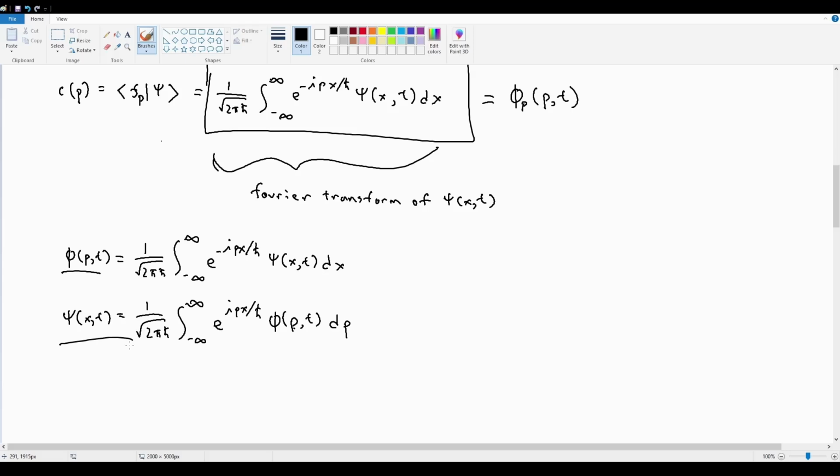And what this does is make it significantly easier to find, for example, the probability of the momentum of some system being in some range dp. It is significantly easier to use this, because in the momentum space wave function, it turns out that p hat is just equal to p, and x hat is going to be equal to iħ d/dp or something like that.